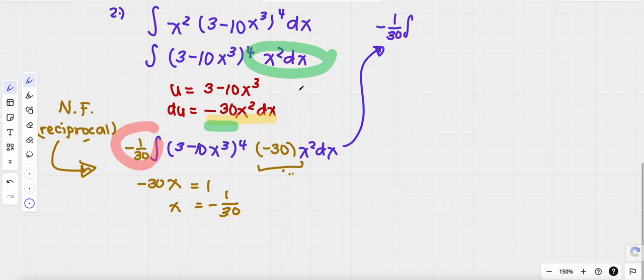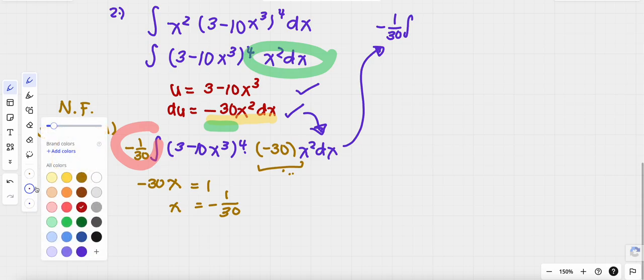Going back again, we have u raised to the power of 4. Do we already have du? Yes, we already have du from here. So we can now substitute the whole integral with u.